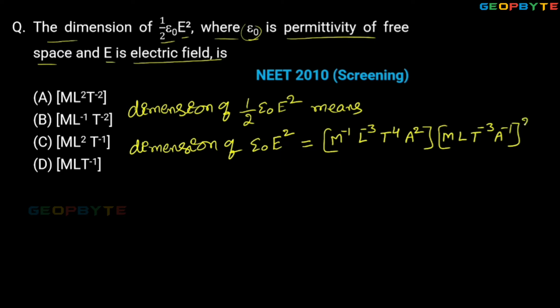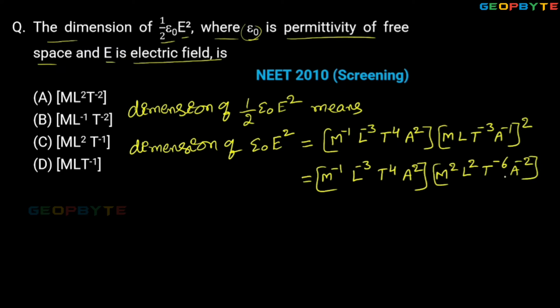It is squared, E square. It is M power minus 1, L power minus 3, T power 4, A power 2, into M power 2, L power 2, T power minus 6, A power minus 2.